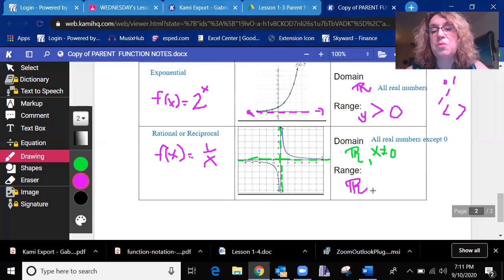It's all real numbers, but just like with the x's, the y cannot be 0. It's everything except 0. Because when I go down, okay, there's the graph, there's the graph, there's a graph, and there's a graph. Oops, nothing here. Because this part of it is going up and up and up and is about to touch that, but it never actually gets to the 0. And then it picks back up just on the other side. So it can be any number except 0.